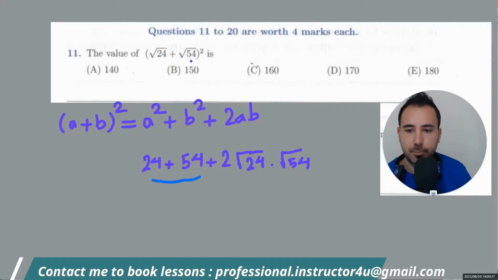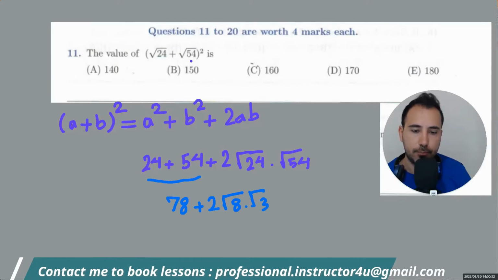These two together will be 78 plus 2 times, this one I'm going to write as the square root of 8 multiplied by the square root of 3. Okay, 54 is equal to 2 multiplied by 27, so I'm going to write it as the square root of 2 multiplied by the square root of 27.